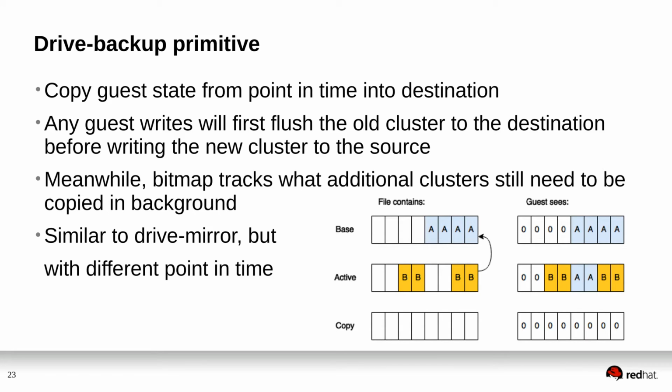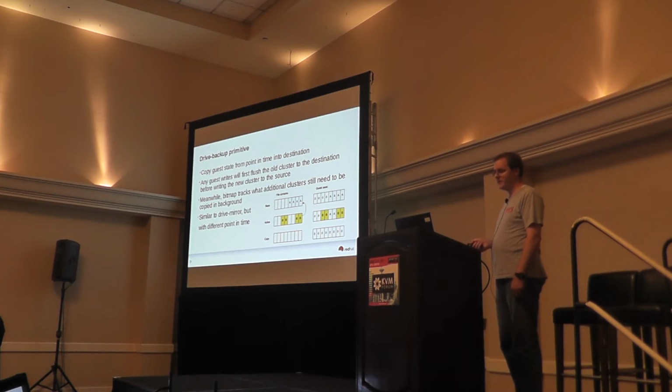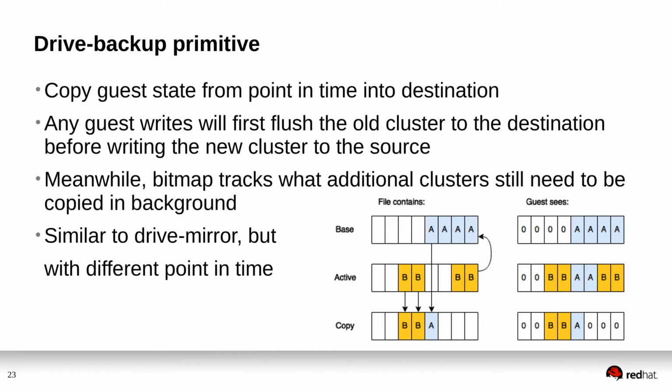Drive backup is similar. It's more recent, added to the tree. The point in time for drive mirror is when you break the synchronization. The point in time for drive backup is when you start the operation. Here, we'll start the same partial operation.